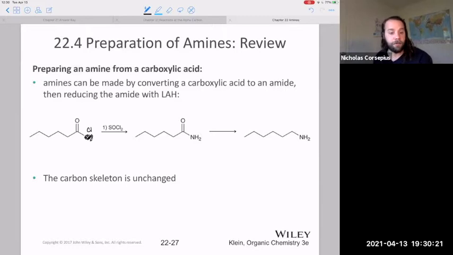Now it's that highly reactive acyl chloride that will readily react with ammonia in order to get your amide. And then we can further reduce an amide to an amine, again, just using that reducing agent lithium aluminum hydride. And in this case, going this method, you don't have any change in the number of carbons in your alkyl chain.